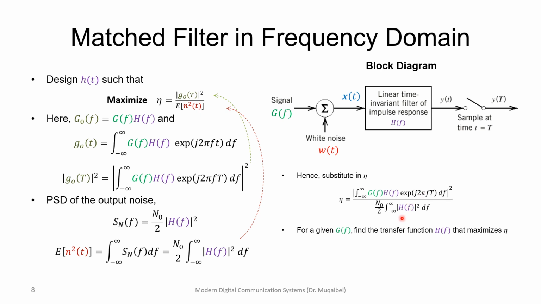Okay, so for a given G, find the transfer function H that maximizes this. There is a special formula that we need to introduce, and we will use it in our coming presentation. This inequality is known as the Schwarz inequality, and we'll just explain it. We'll take a detour, and then we will utilize it here.